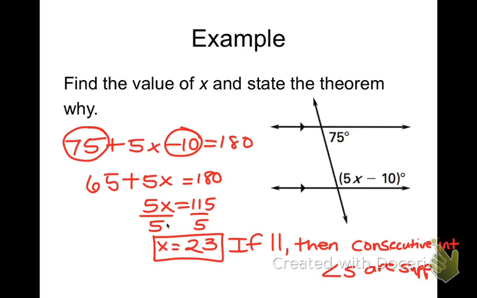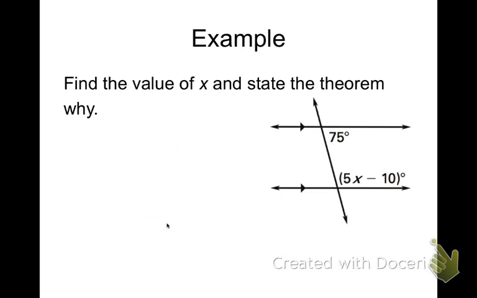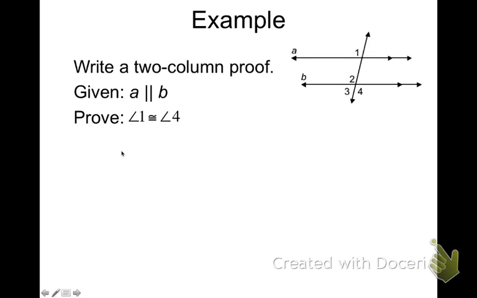All right, let's finish with our 2 proofs. Does anybody have any questions with what we've done so far? All right, so our first proof is to be actually proving the alternate exterior theorem. So we are given that A and B are parallel to each other. We need to prove that angle 1 is congruent to angle 4.